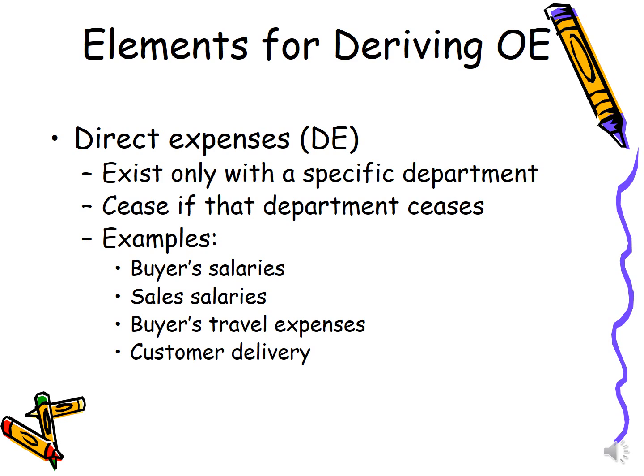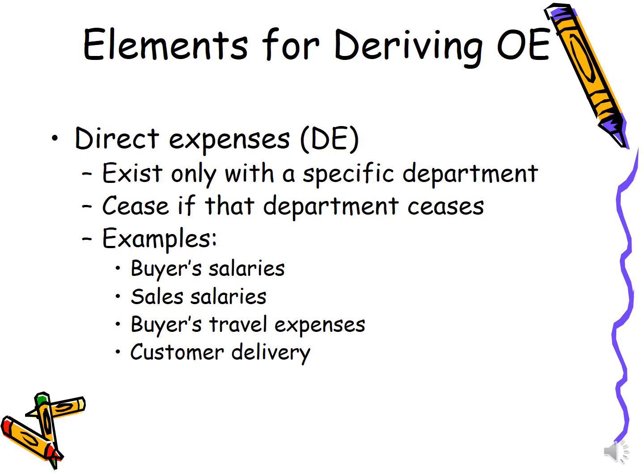So for the women's wear department, what the women's wear department spends would be the direct expenses of the women's wear department. These direct expenses would cease if the department ceases to exist. So if you get rid of the department, these direct expenses will disappear. For example, the women's wear buyer salaries will be direct expenses of the women's wear department.